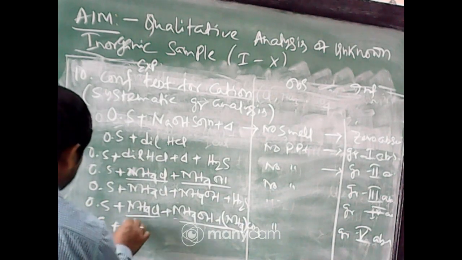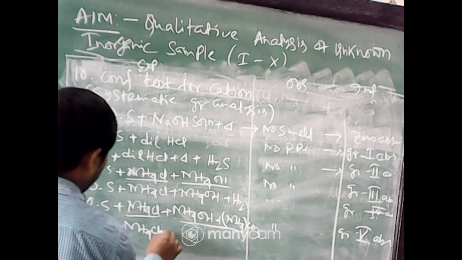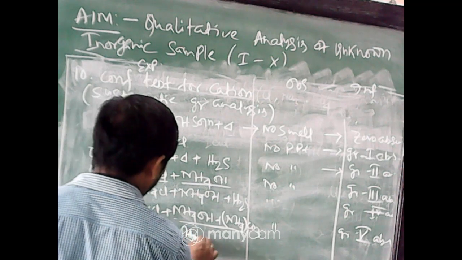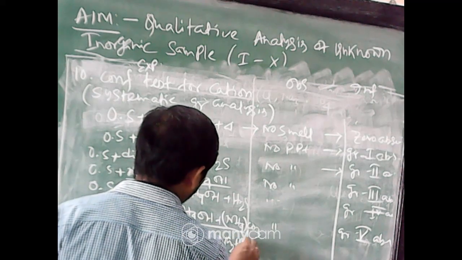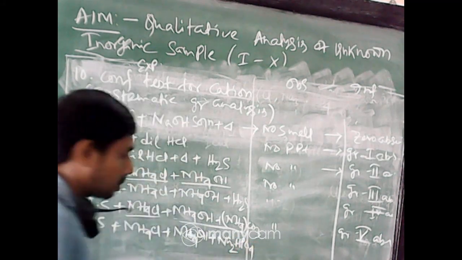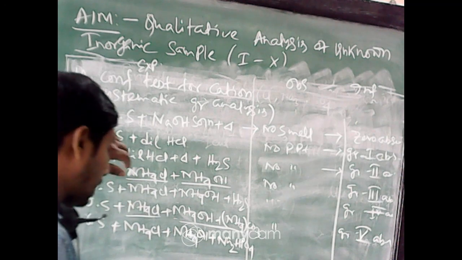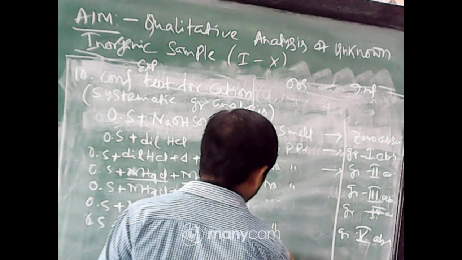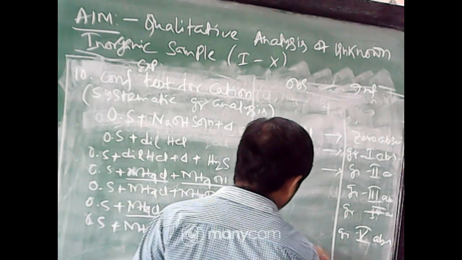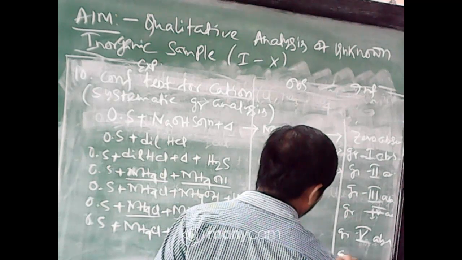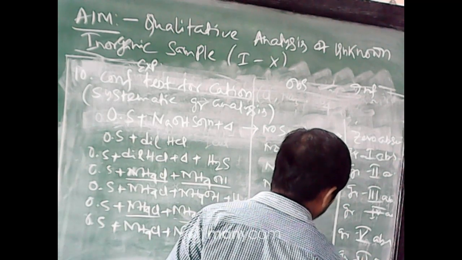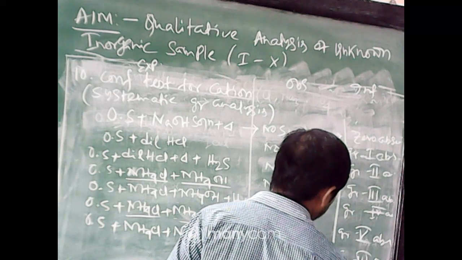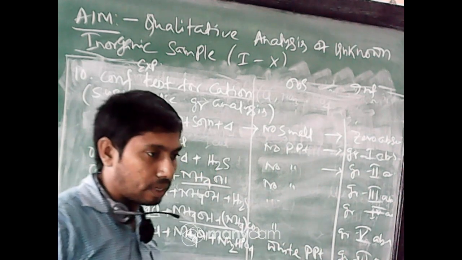OS plus NH4Cl plus NH4OH plus disodium hydrogen phosphate, Na2HPO4, or metaphosphate. Here a white PPT, group 6 present. That is only magnesium, so magnesium is present.